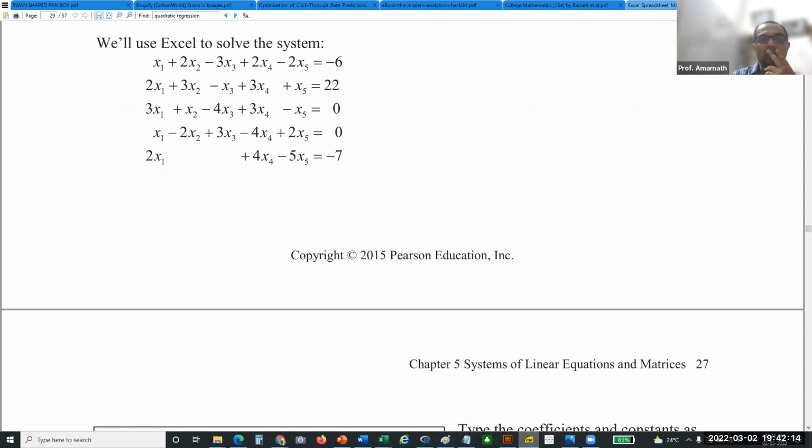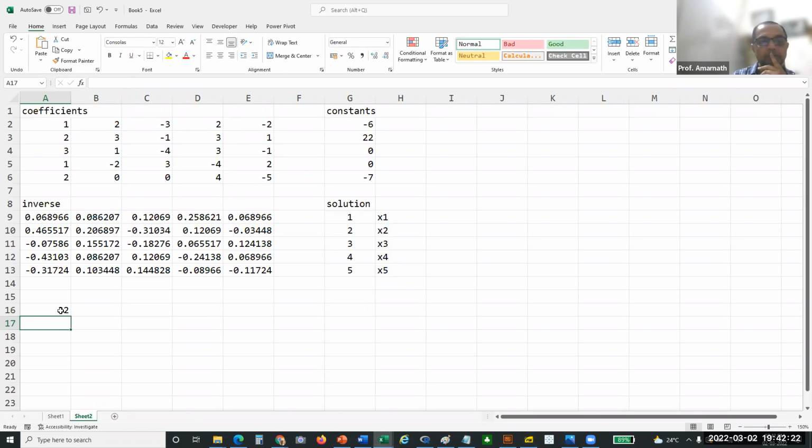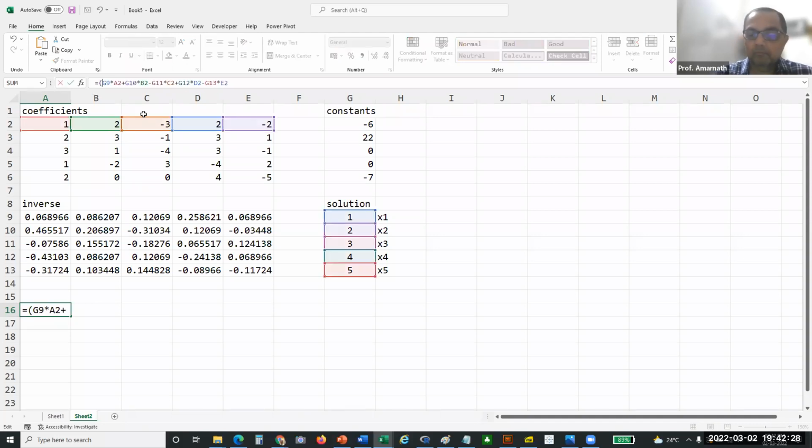Where am I wrong? I should get minus 6. I have done something wrong here. Yeah, can somebody help?